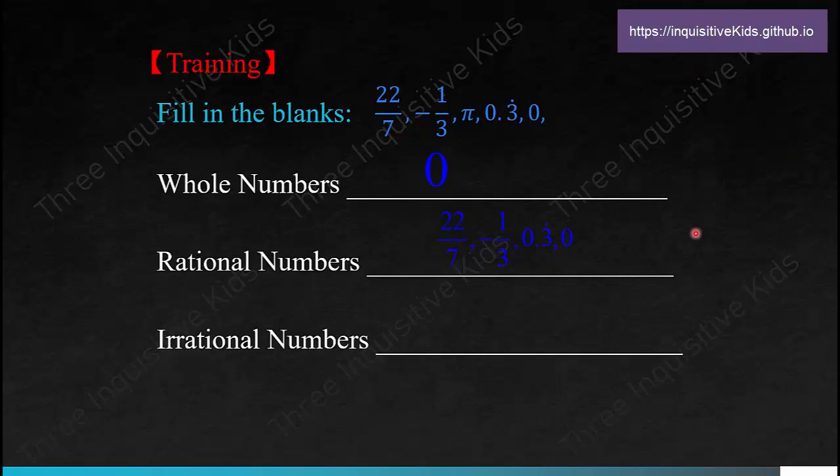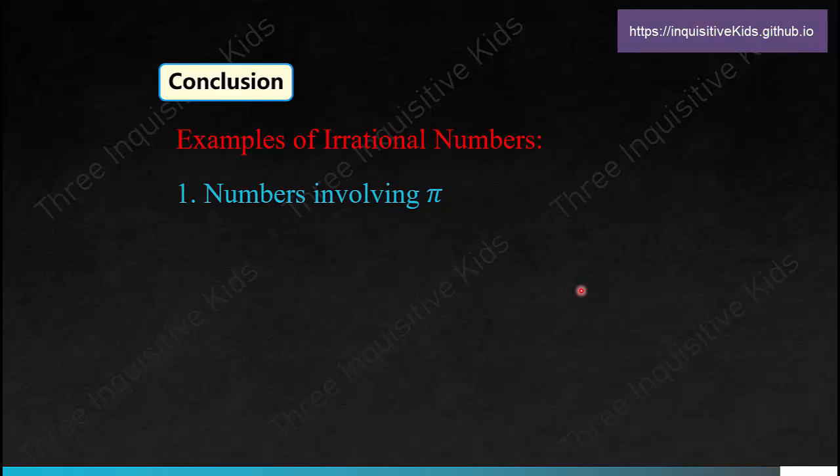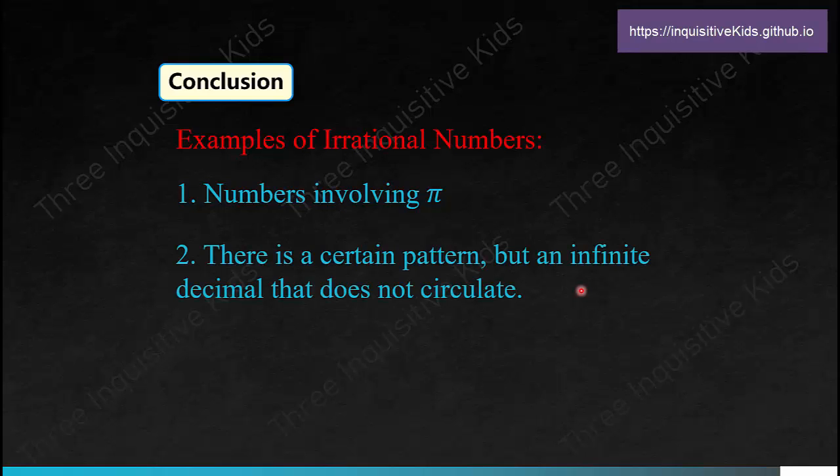You cannot have a denominator of 0. These are all fraction form, and 0.3 is a recurring decimal. The irrational number is just pi. So in conclusion, examples of irrational numbers are numbers involving pi, or infinite decimals that do not circulate.